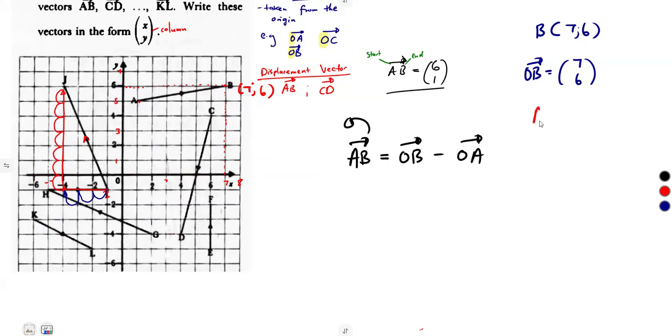So it is the same thing from the point A, which is going to give us this position vector OA. We need the coordinates of the point A, which is here. The X value is 1, and the Y value corresponding to A was 5. So this point A, X is 1, Y is 5. So the position vector representing A, which is our vector OA, can be written as 1, 5.